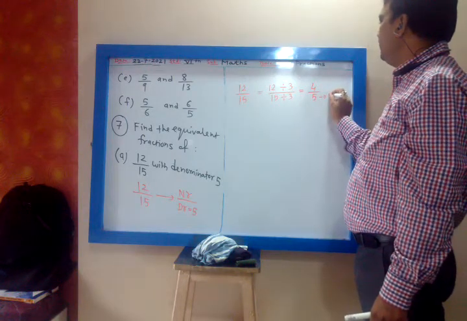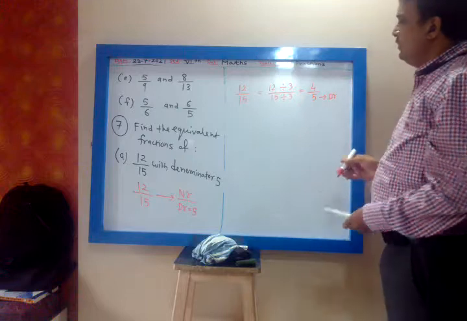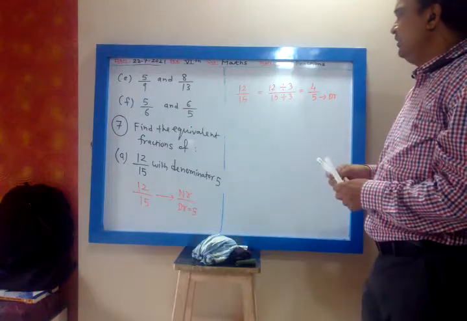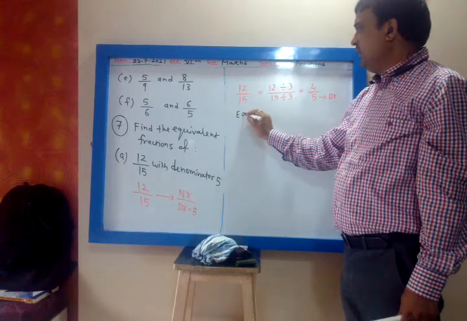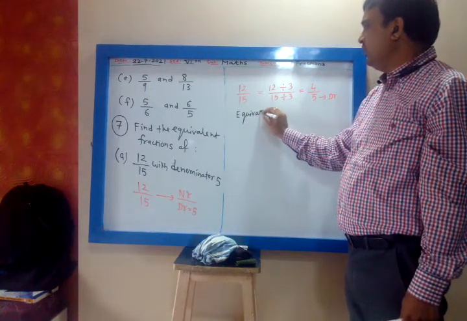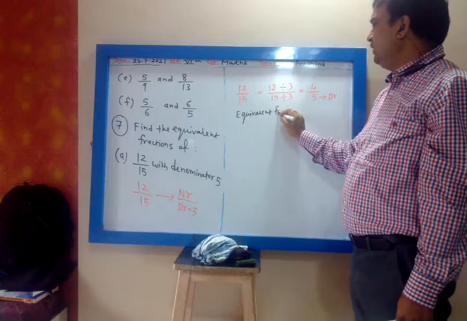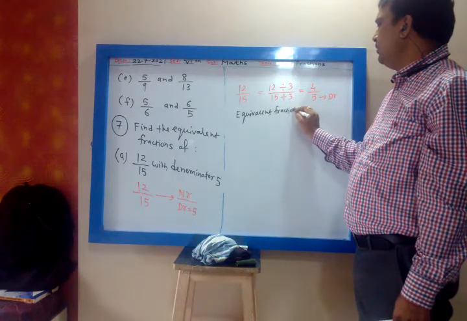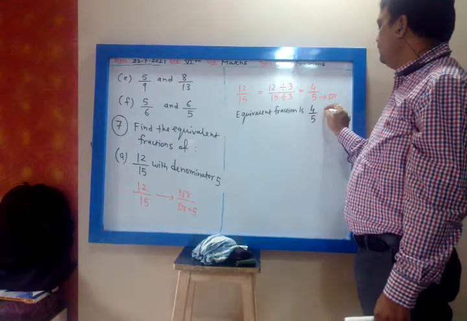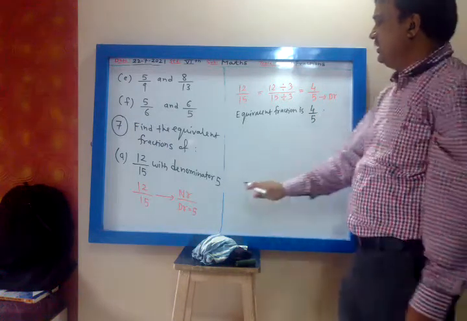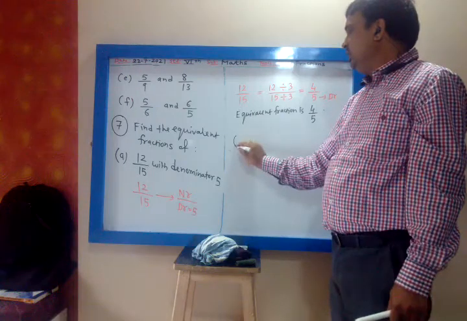Now the denominator is 5. So the equivalent fraction is 4 upon 5, whose denominator is 5. The condition is given: denominator you want 5.